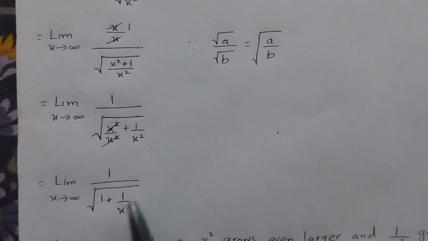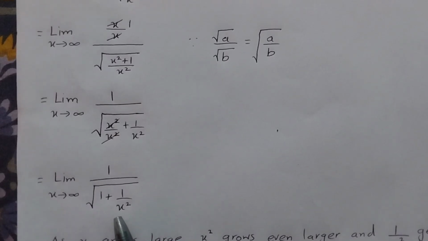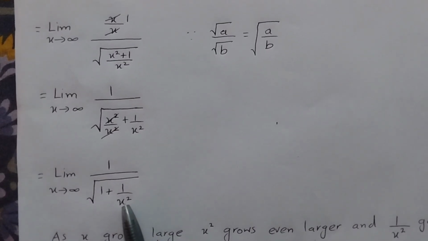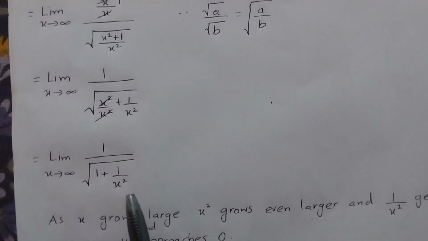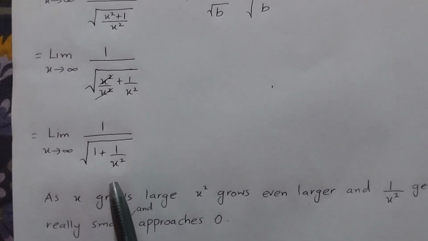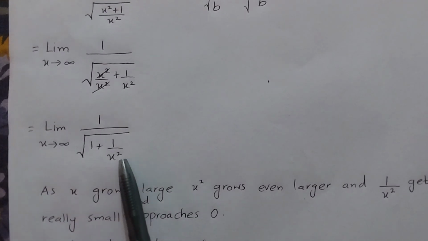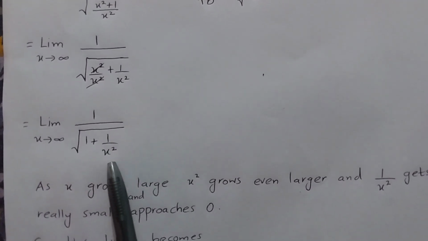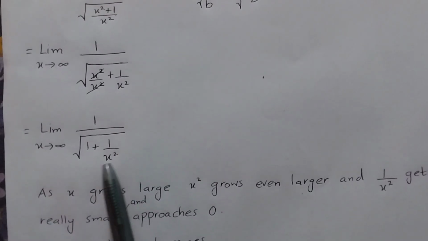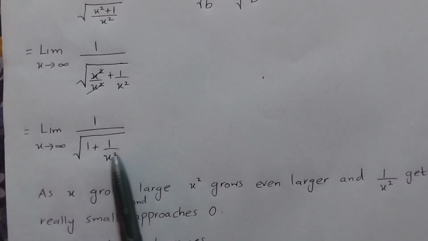So when x is a very large positive number, x squared is an even larger positive number. So this number in the denominator is huge, a very big positive number. So when you divide 1 by a very big positive number, the fraction approaches 0.